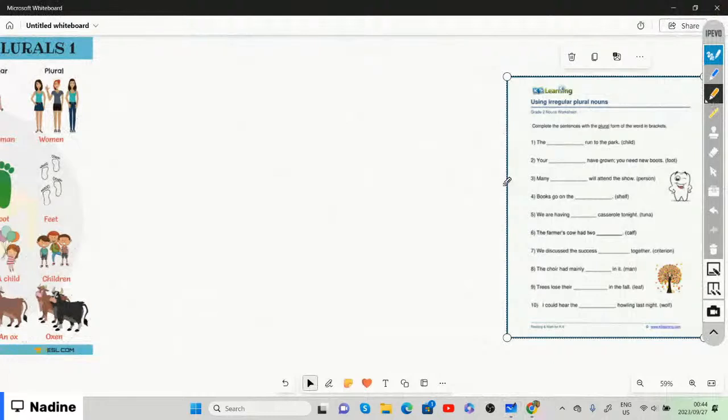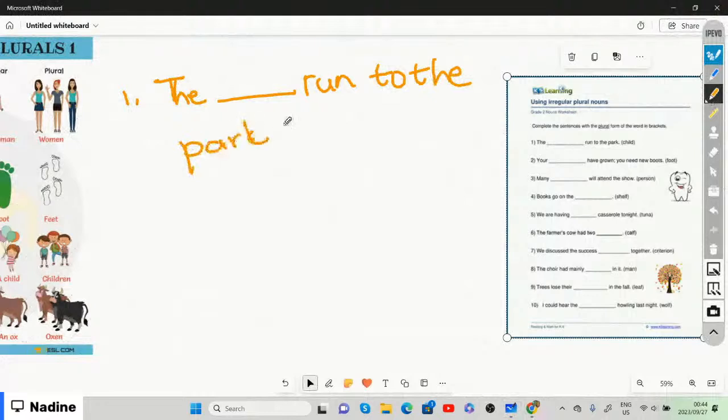So the first word is, we need to look at the word in brackets, and then we are going to have to say what the answer is. This is now when we change the specific word to plural.